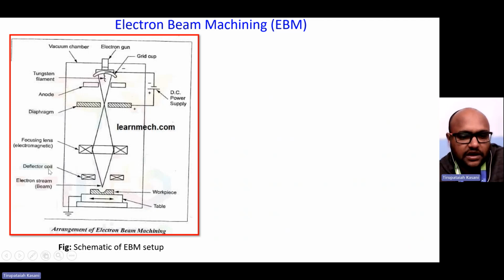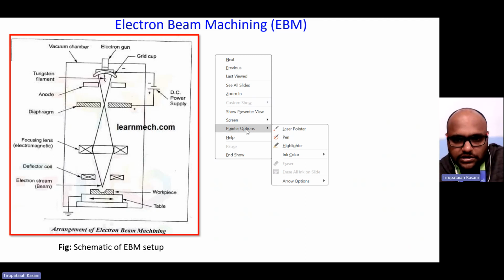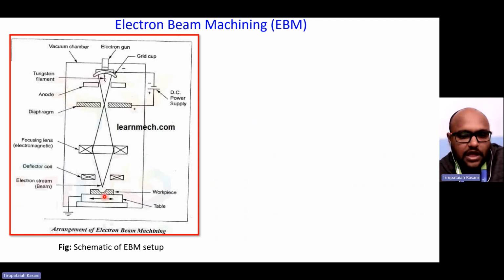See here, these are the deflector coils, which can guide or control the location of this electron beam. For example, if I would like to concentrate this beam at this position, let me activate this pointer. Yeah, I would like to concentrate this beam here.